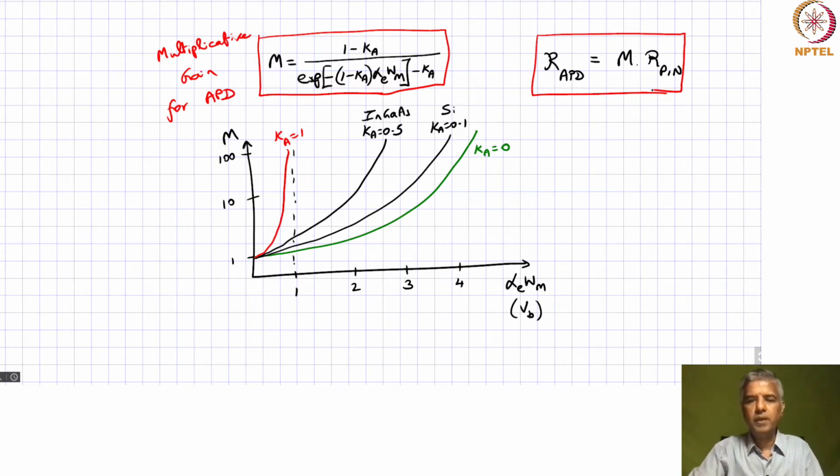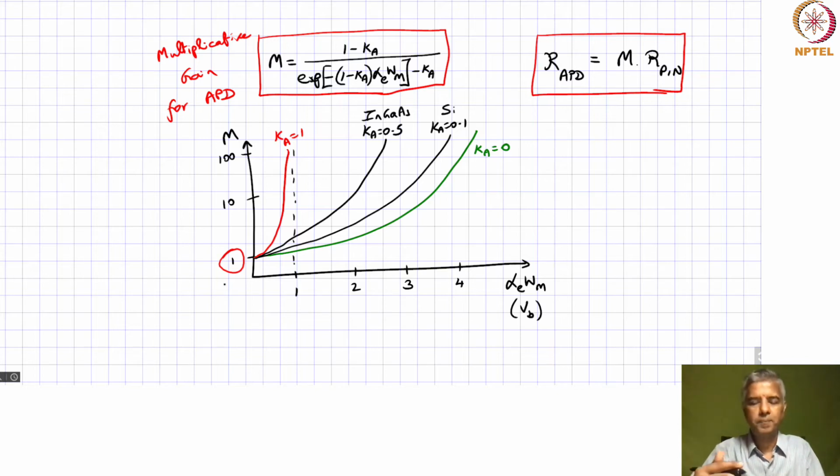So effectively, if you say V_B is 0, then your gain value is 1. So if you take an APD and you do not actually provide an external bias, then it essentially works like a PIN.